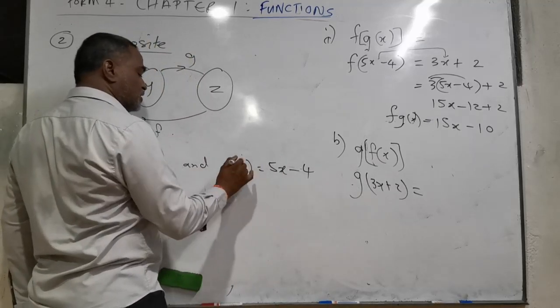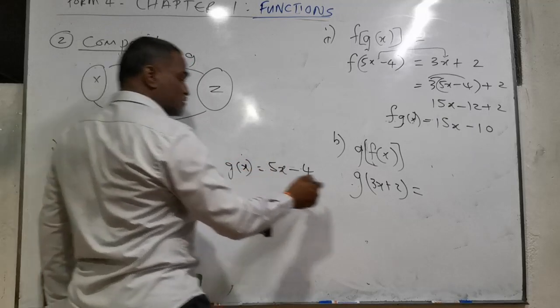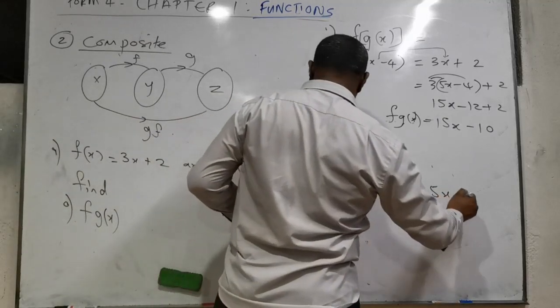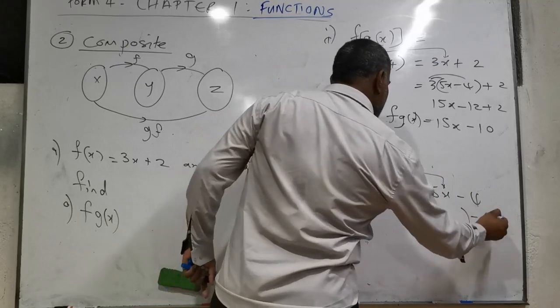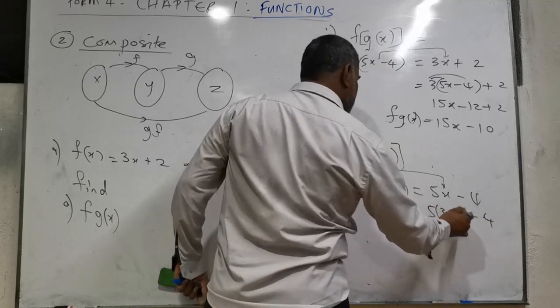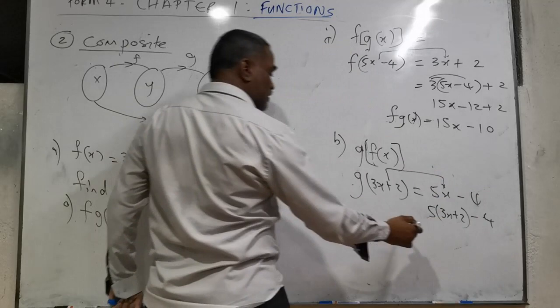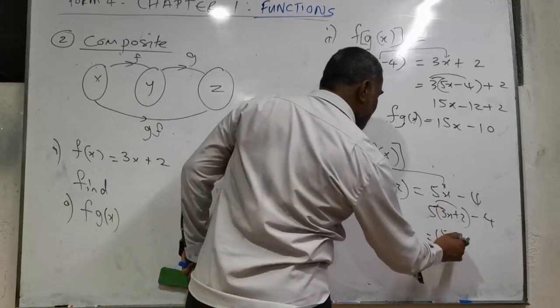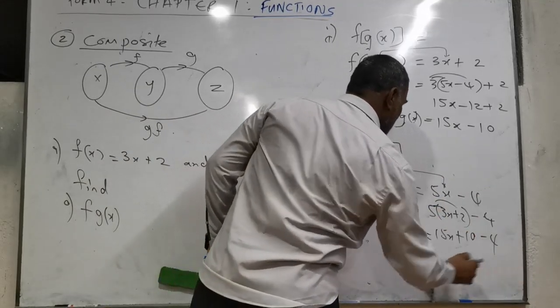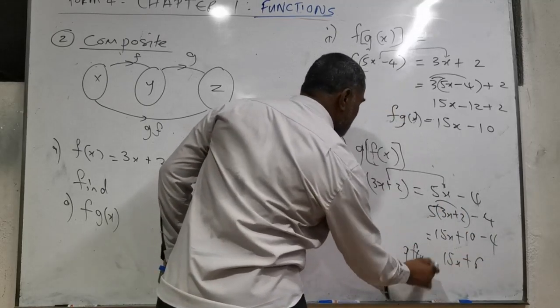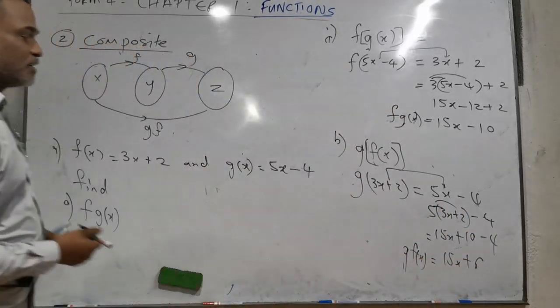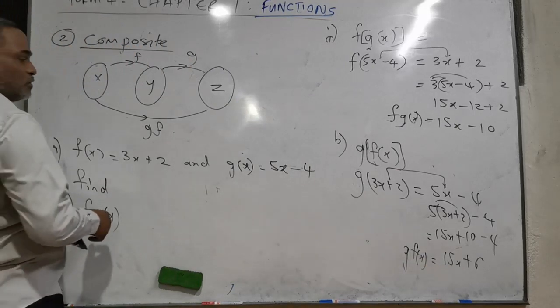So whatever is in front of the g is called object. So you will write the g here, you take and substitute here. 5(3x plus 2) minus 4. Then expand, you get the answer: 15x plus 10 minus 4. So 15x plus 6. This is called gf(x). Right? I think we understand. Alright. So this is called composite function.